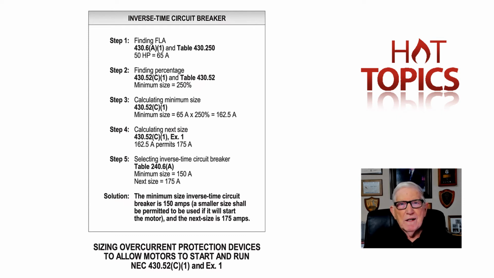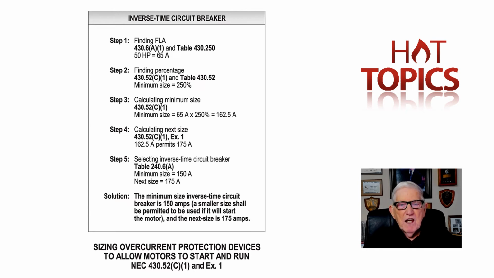Now that is selected based upon the motor being a 3-phase, polyphase, induction type motor, design B motor as we viewed in the illustration. Now, step 3, we have to apply the 250%, selected from table 430.52, times 65 amps, and we come up with 162.5 amps.